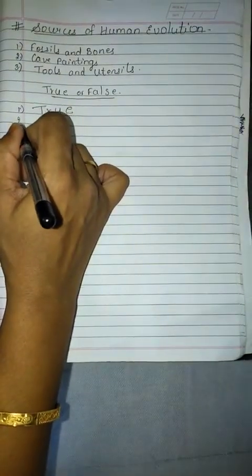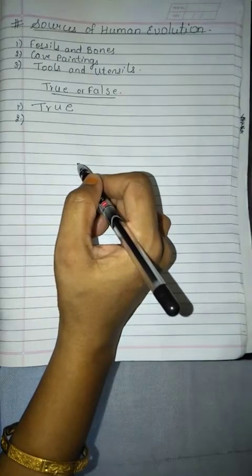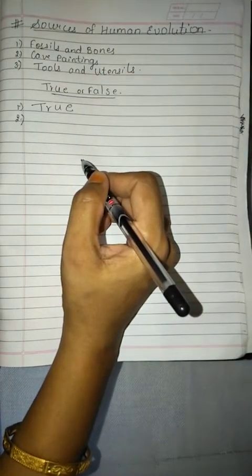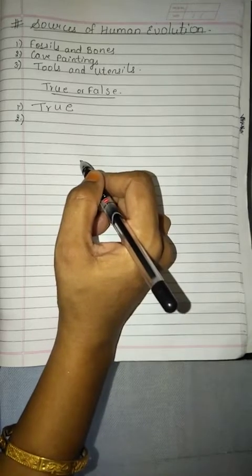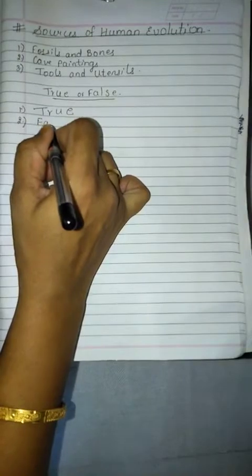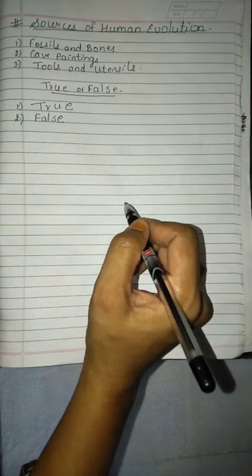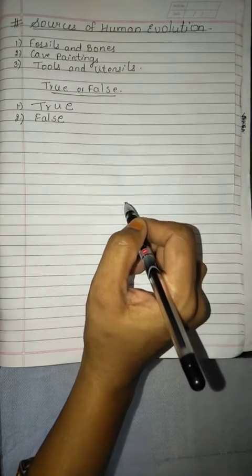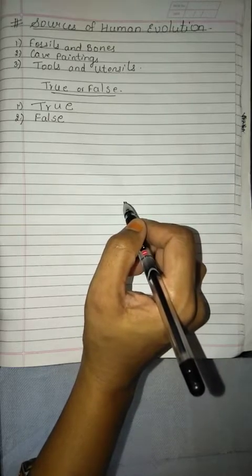The second, true or false, apes, rats and chimpanzees are considered to be the ancestors of human beings. The answer is false, because the ancestors of human beings are considered to be the apes and not rats.